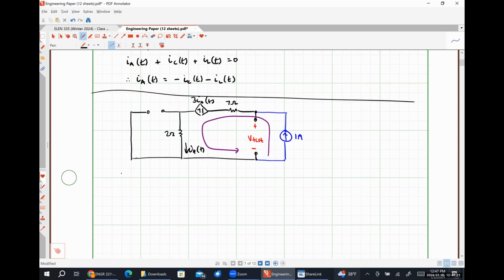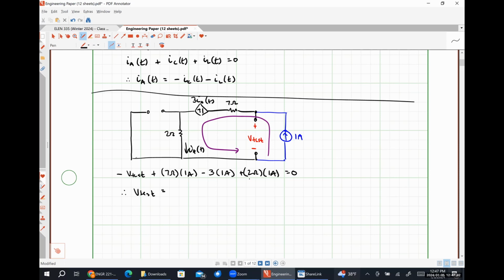So I'm going to knock this out in one step using Kirchhoff's voltage law around this path. So I would have negative V test, which is what I'm trying to solve for, plus 7 ohms times 1 amp minus 3 IA, where IA is just 1 amp, plus 2 ohms times 1 amp is equal to 0, which means V test is 7 minus 3 plus 2.